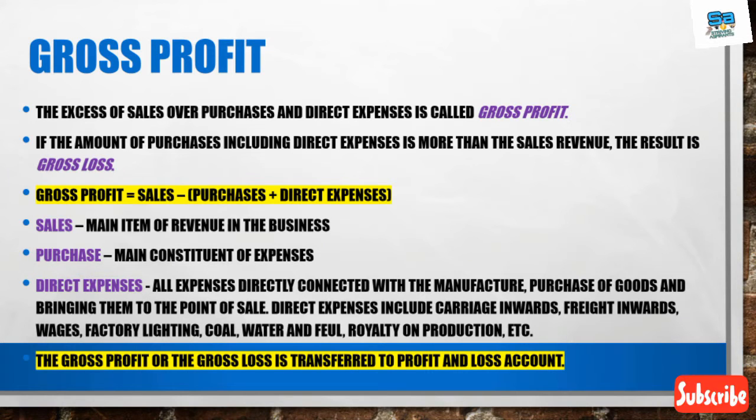This includes carriage inwards, freight inwards, wages, factory lighting, coal, water and fuel, royalty on production, etc. And one of the most important points in gross profit is that when there is gross profit or gross loss, this will be transferred to profit and loss account.